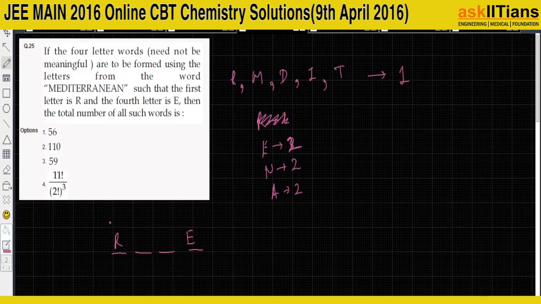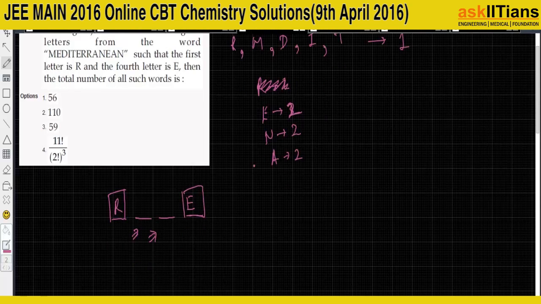So R is fixed here. I cannot change this R, and I cannot change this E. R and E are fixed. All I can do is count the number of different ways of filling these blanks. So there can be two cases.